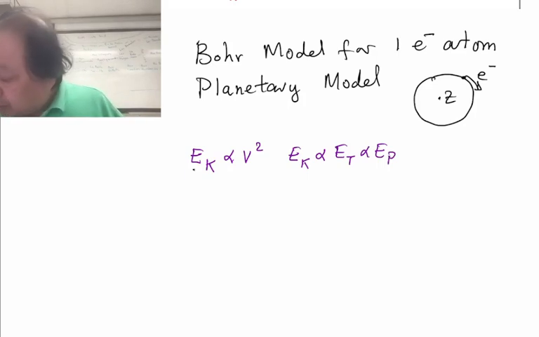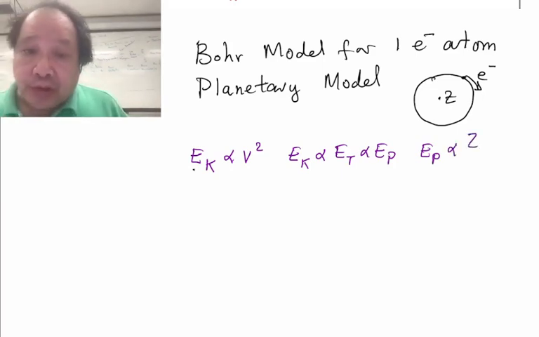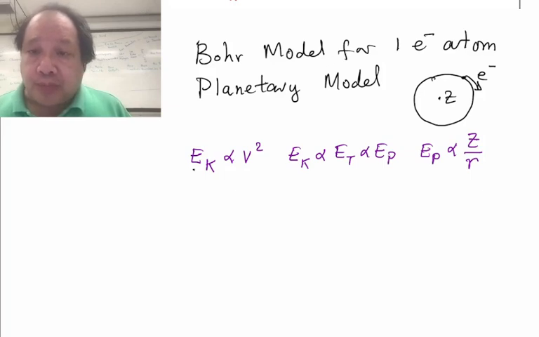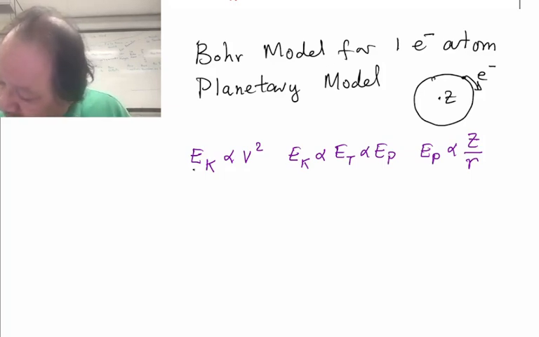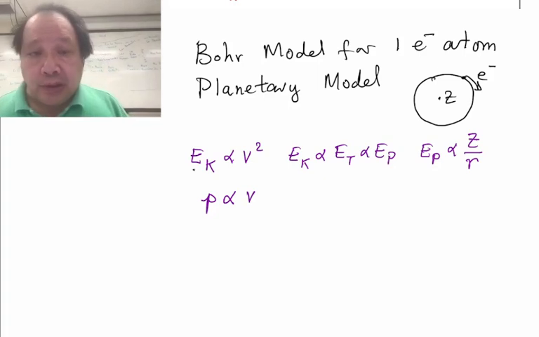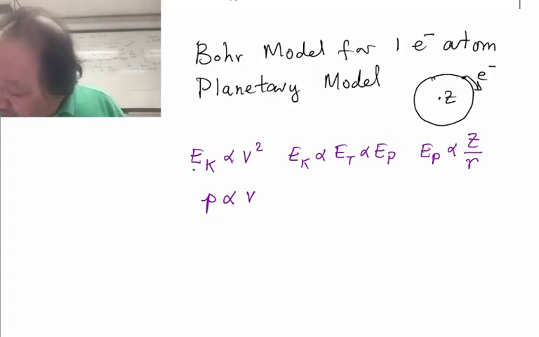They knew the potential energy of an electron in an atom is proportional to the charge of the nucleus divided by R. And they also knew proportionality relations about momentum. Momentum is mv. Momentum is proportional to velocity, since the mass of the electron is constant. And they knew the de Broglie relation, P equals h over lambda, so P is proportional to 1 over lambda.